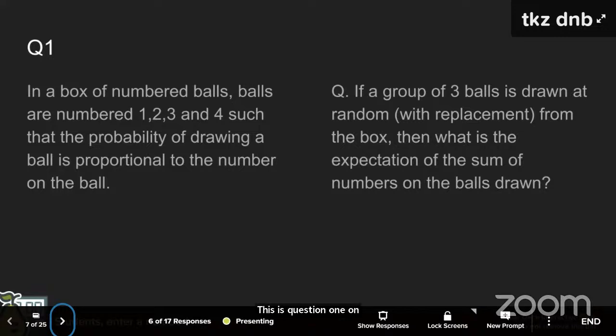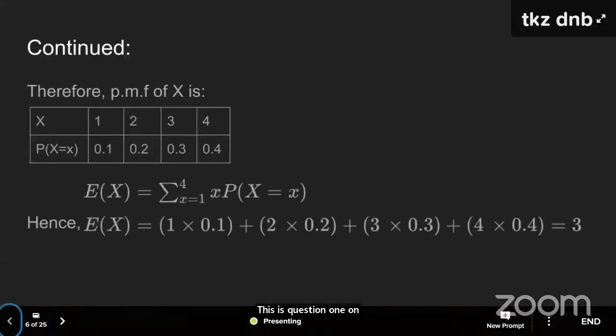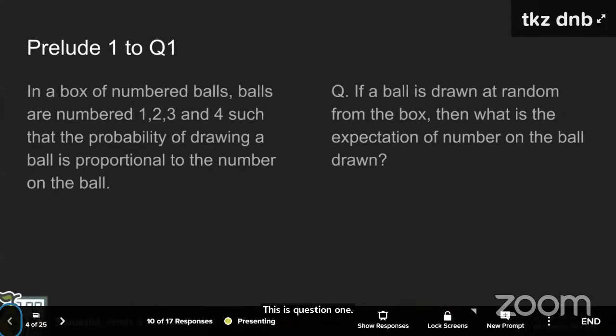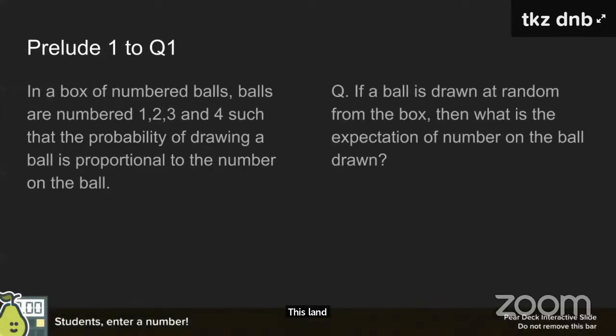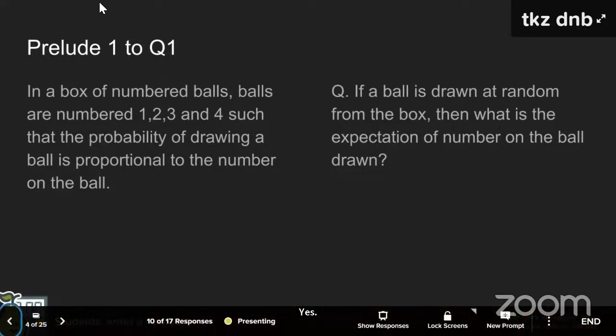Here we have to find the probability. If a ball is drawn at random, it means only one ball is drawn. Then when we calculate the expectation, we are drawing just 3 balls.